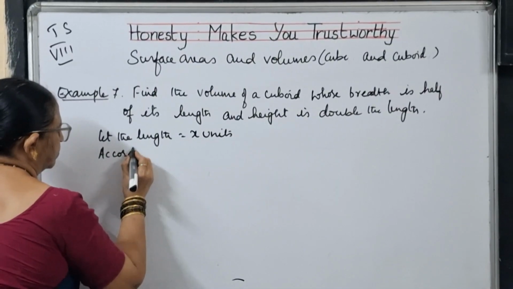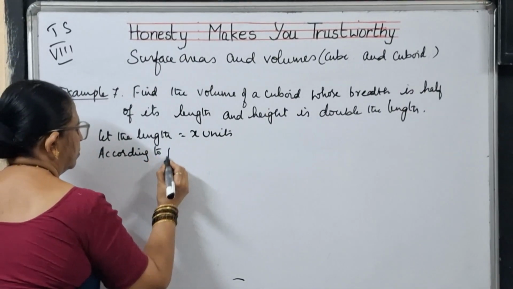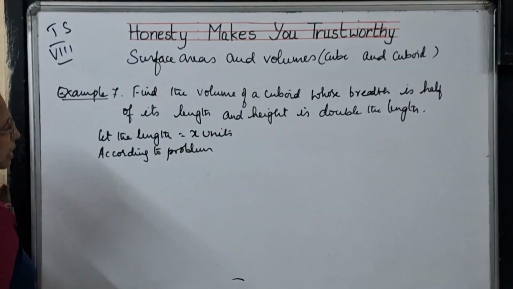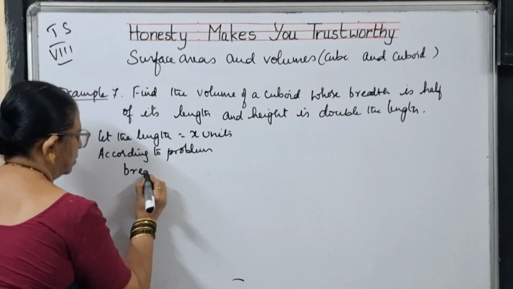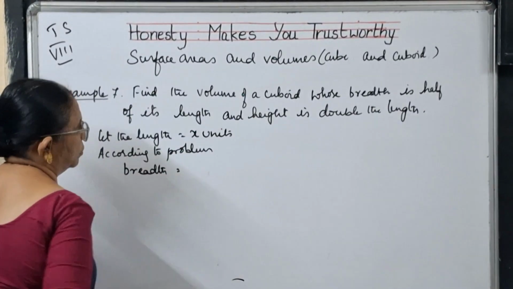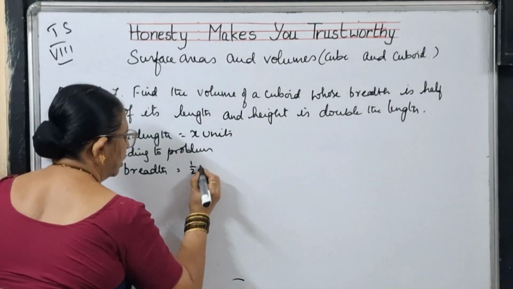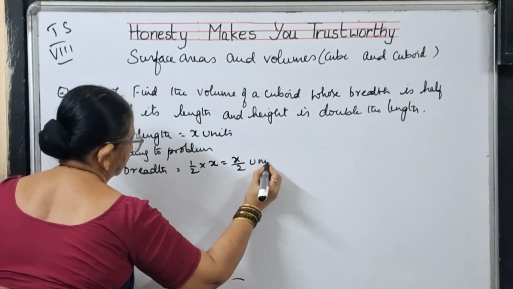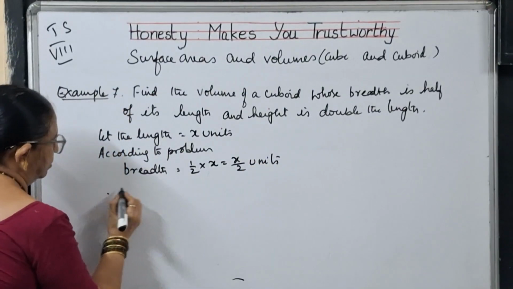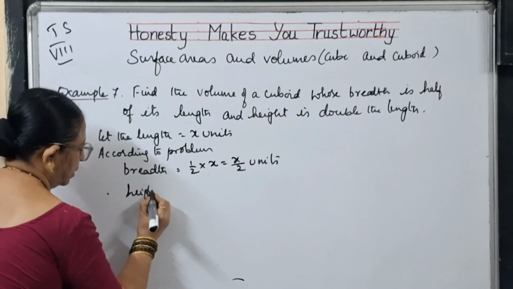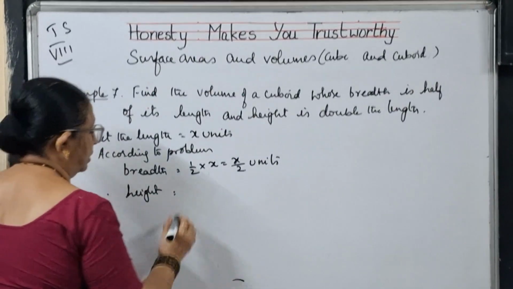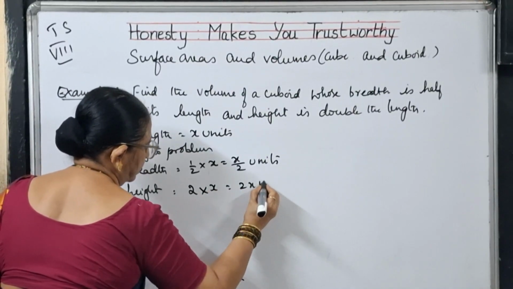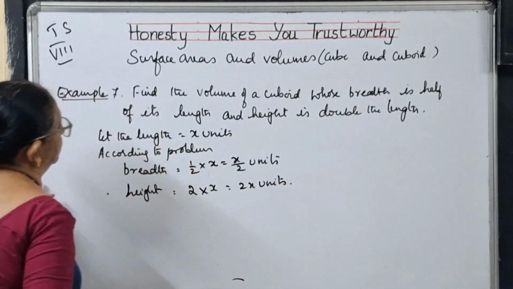According to the problem, breadth is equal to half of the length, half into x, x by 2 units. And height is equal to double the length, 2 times x, that is 2x units.